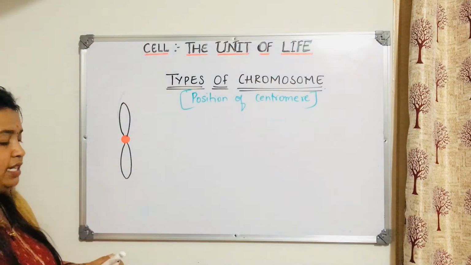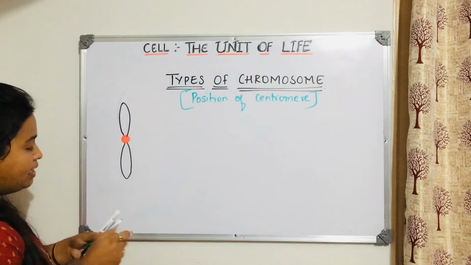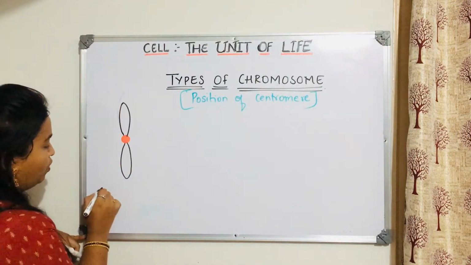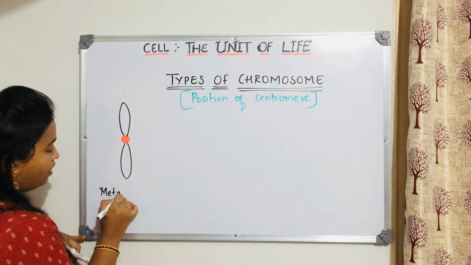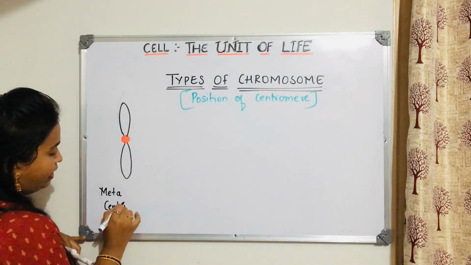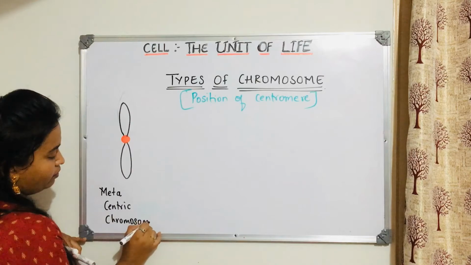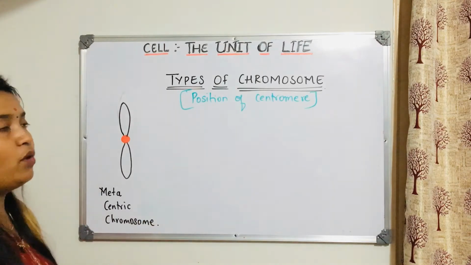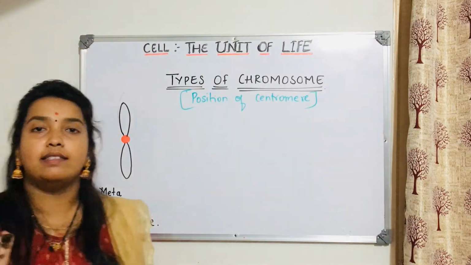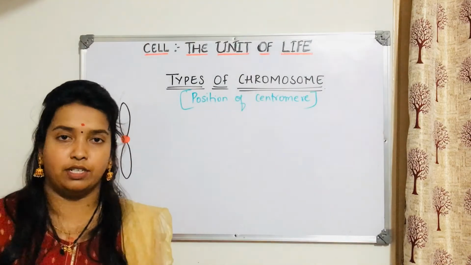So this is present in the center. Then we call it as metacentric chromosome. Metacentric means what? Centromere at the center, in the middle region.